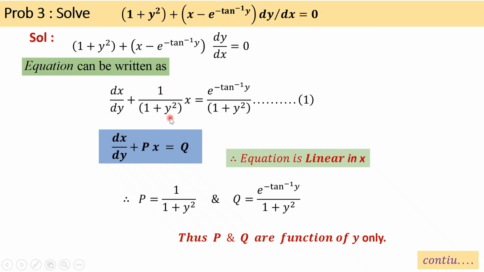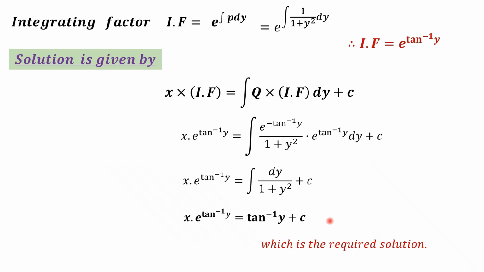Yes, it is. Thus we get a linear equation in x. The value of p is 1 upon 1 plus y square and q is e to the power minus tan inverse y upon 1 plus y square. Thus p and q both are functions of y only.